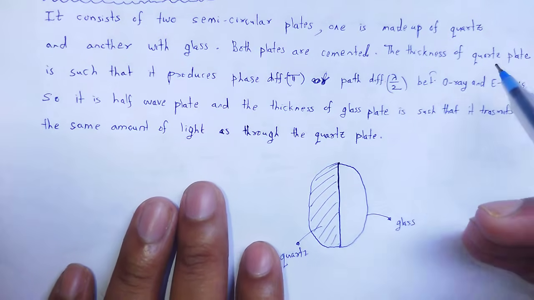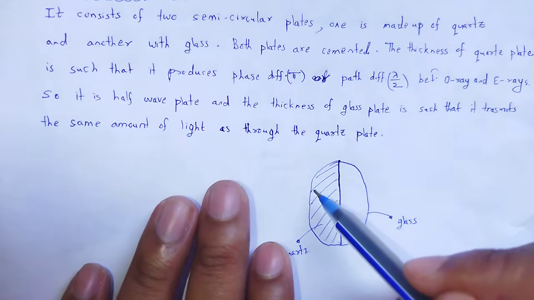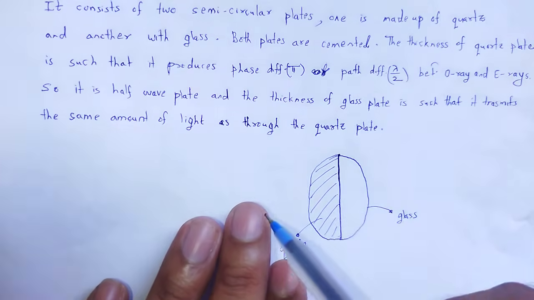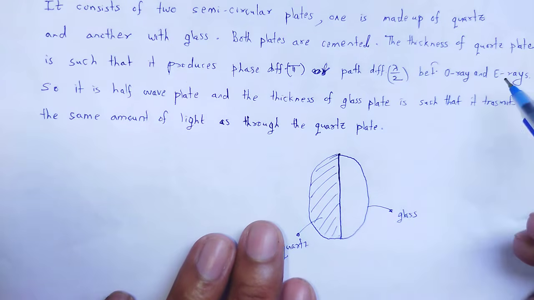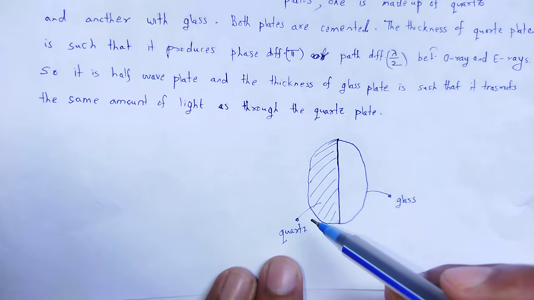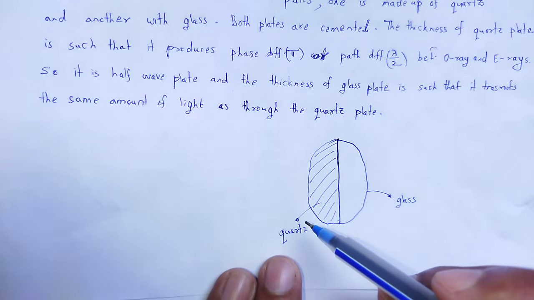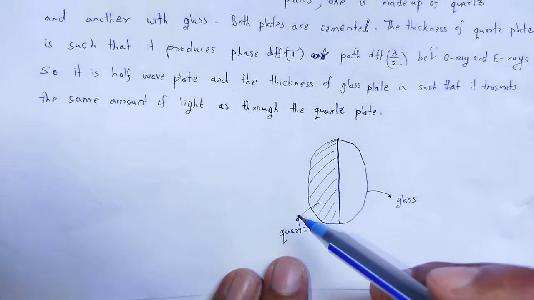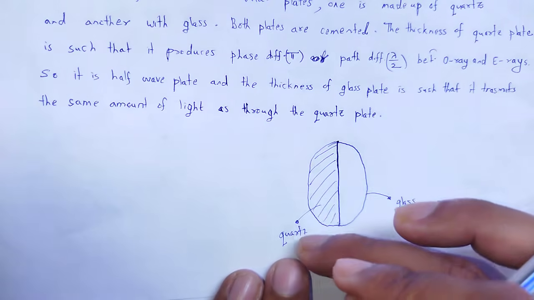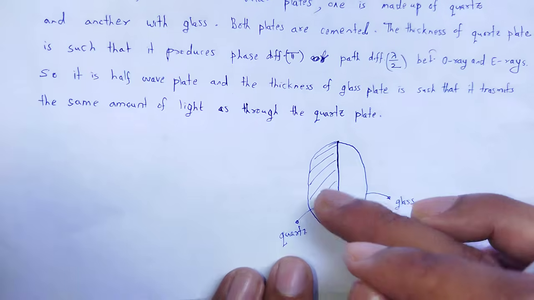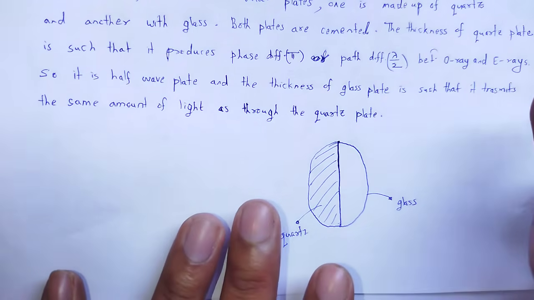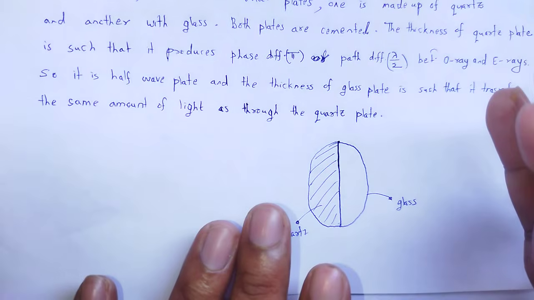The thickness of the quartz plate is such that it produces a phase difference of pi, or a path difference of lambda by 2, between the O ray and the E ray. Quartz is a uniaxial positive crystal and a double refracting crystal. So when light passes through quartz, it is split into two rays, one the O ray and another the E ray.